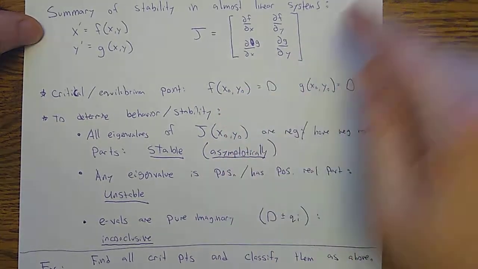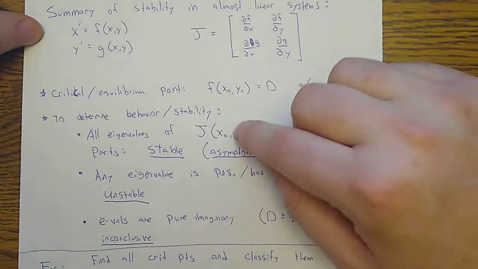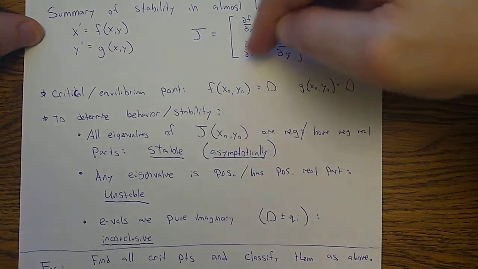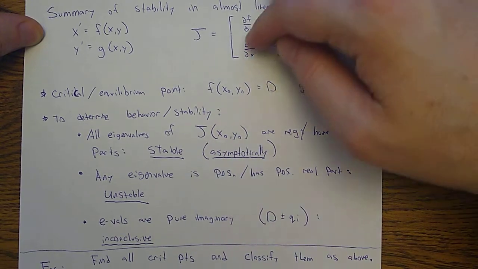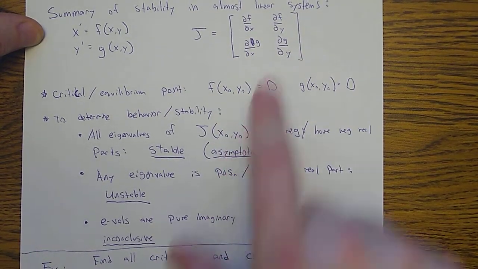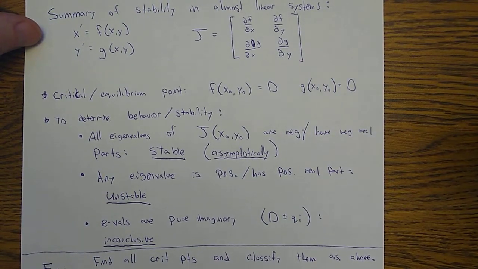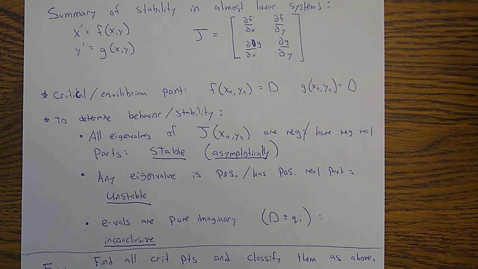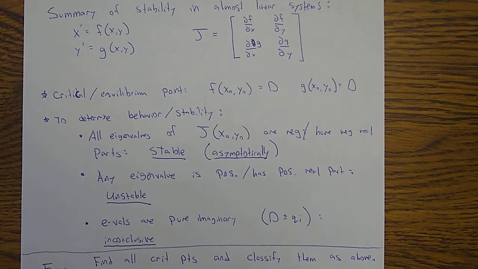So you find the critical point at x naught, y naught. And then, right, this function J, these are partial derivatives. These partial derivatives might still depend on x and y, but you plug in that value of x and y there. After that, the Jacobian is just a matrix with specific numbers in it, and you find those eigenvalues.